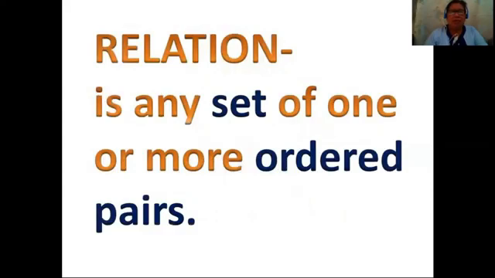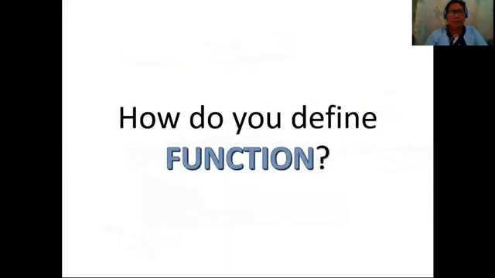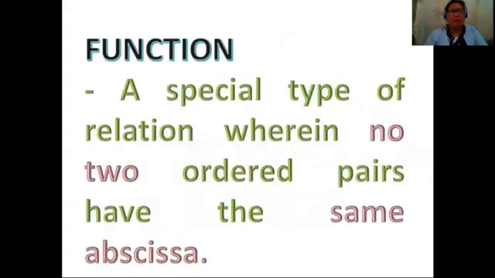Relation is any set of one or more ordered pairs. What about function? How do you define function? Function is a special type of relation wherein no two ordered pairs have the same abscissa.